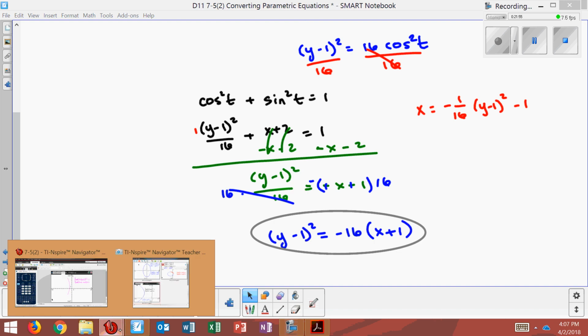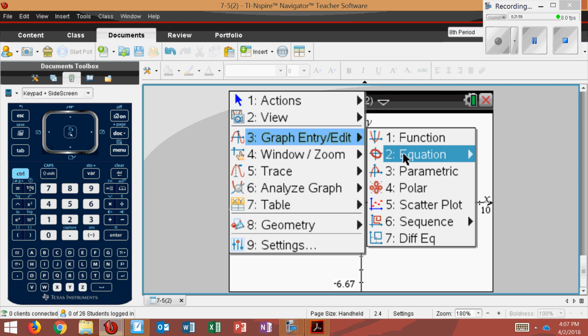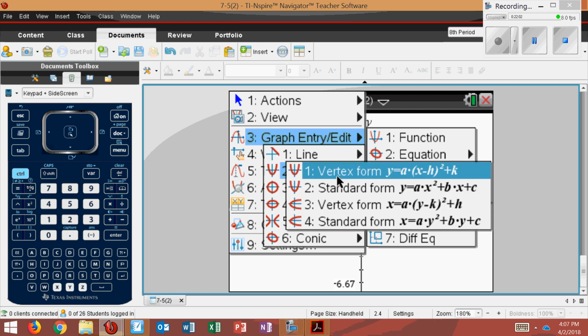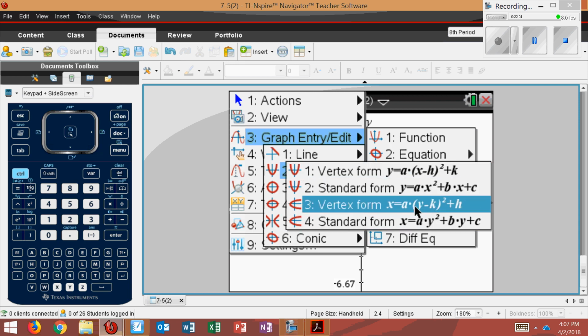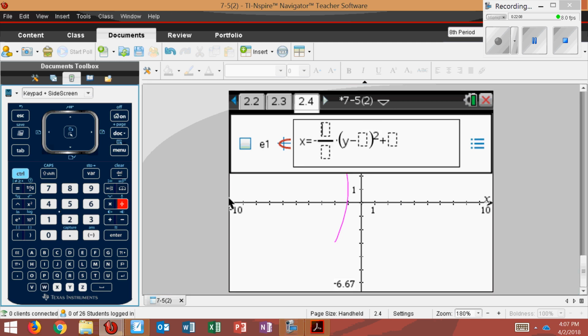So I'll go to here. I'm going to go menu, graph entry, equation, parabola, vertex form, x equals like this. You had negative 1/16. I don't know why I just did that.